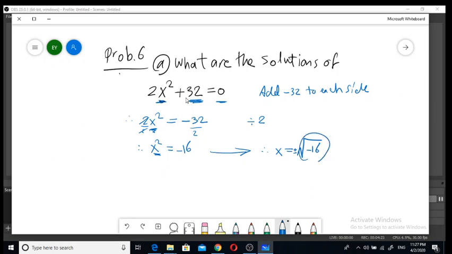Then we can simplify, as we studied before, using complex numbers. It will be negative 1 times 16.